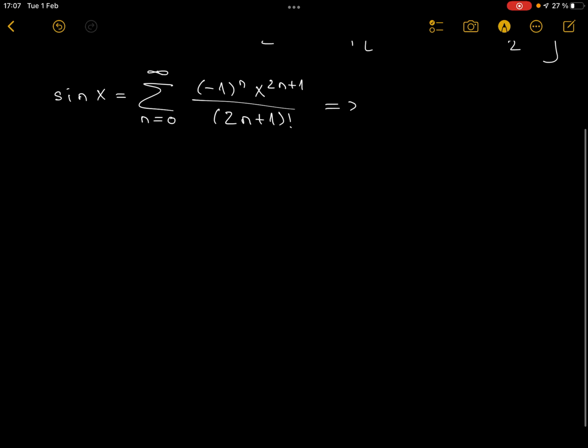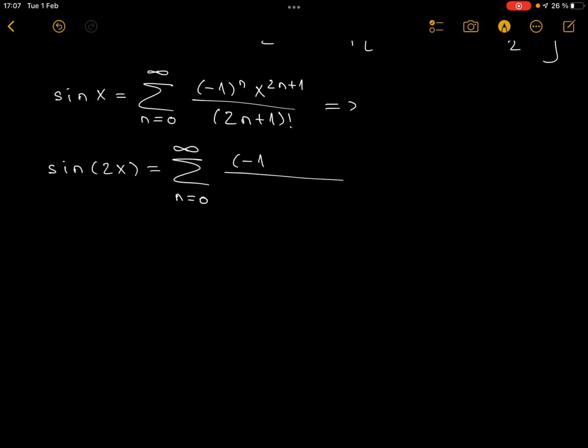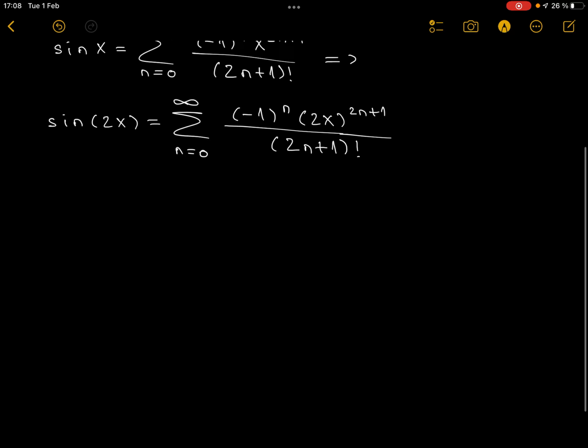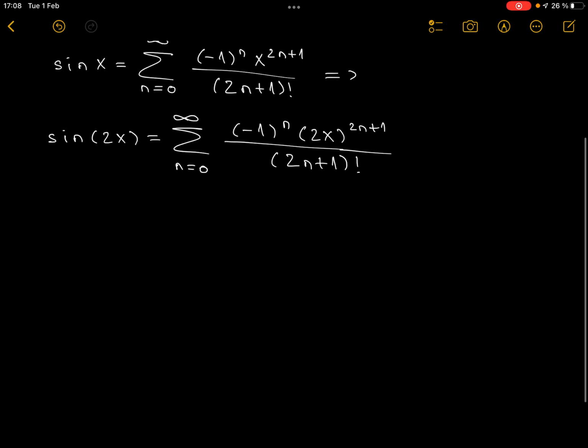So from here we can conclude that sine of 2x is equal to the sum as n goes from 0 to infinity of minus 1 to the nth power times 2x to the power of 2n plus 1 over 2n plus 1 factorial.